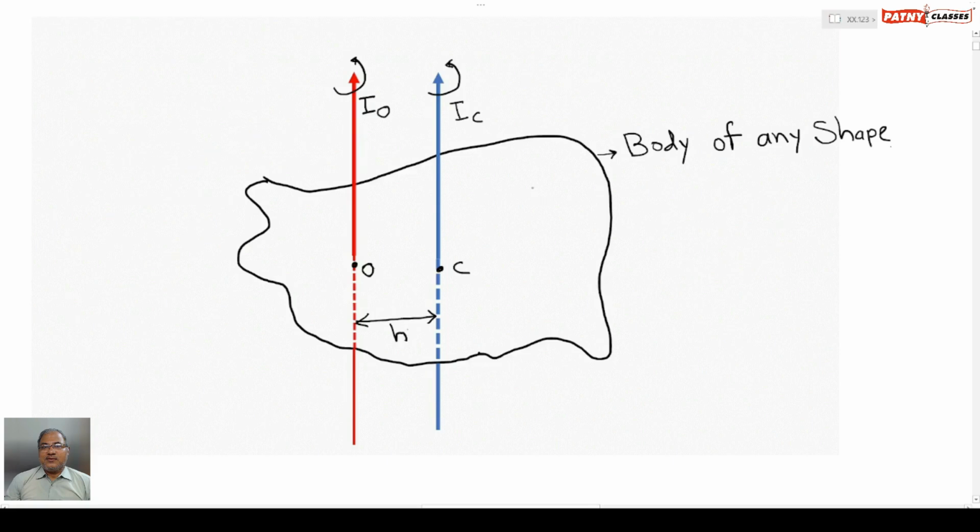Now consider a point D present on the body, and at the point D a very small mass dm is present.